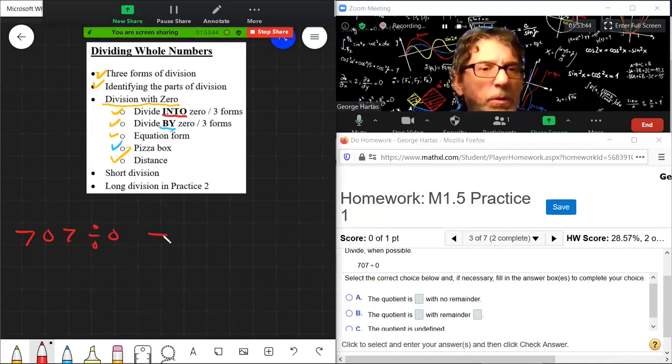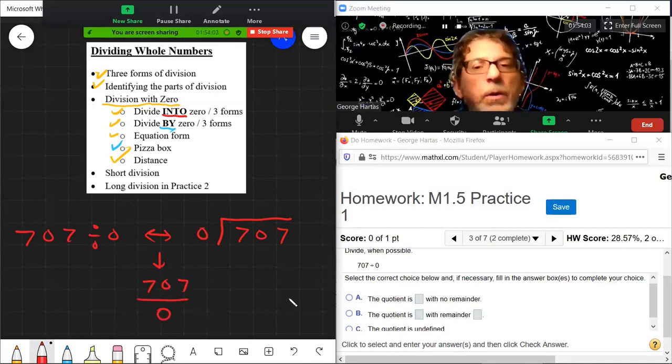This is equal to, which is also equal to, what's the answer? Correct. So, undefined.